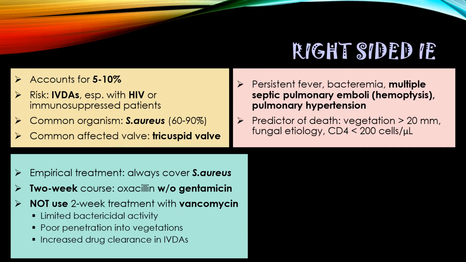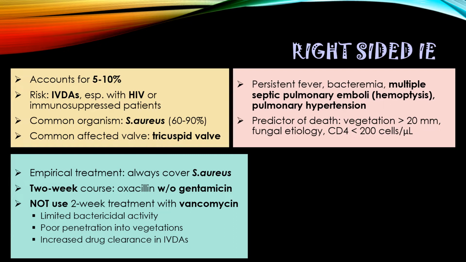The other entity of infective endocarditis is right-sided. Endocarditis most commonly occurs on the left side, maybe the mitral valve or aortic valve, but in some settings it occurs on the right side, such as the tricuspid valve, about 5 to 10%. The risk factors for this condition are IVDA, intravenous drug abuse, or HIV immunosuppressed patients, and the most common organism in this setting is Staphylococcus aureus, and the commonly affected valve is the tricuspid valve.